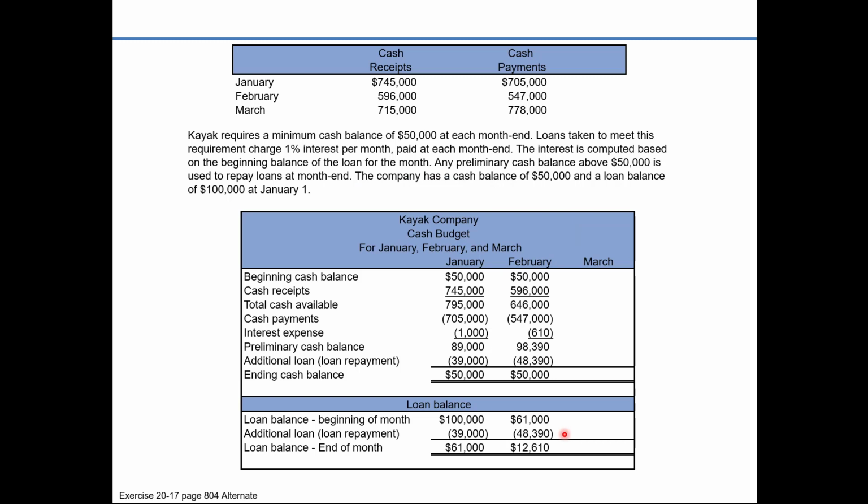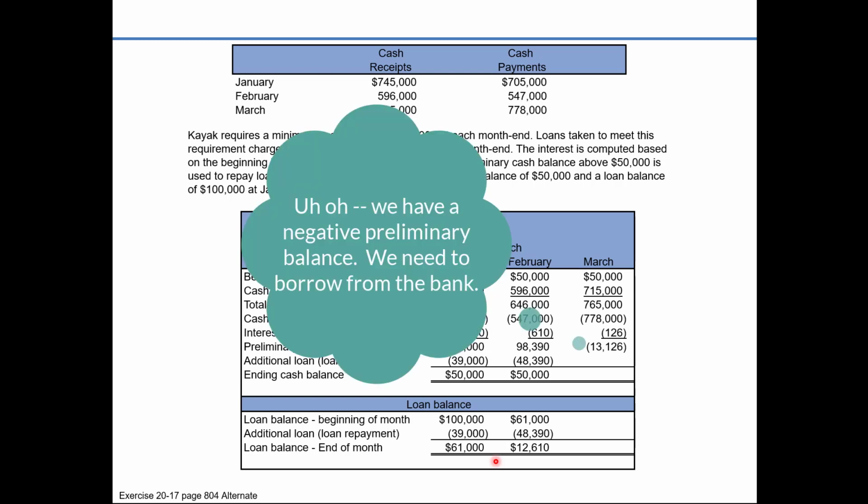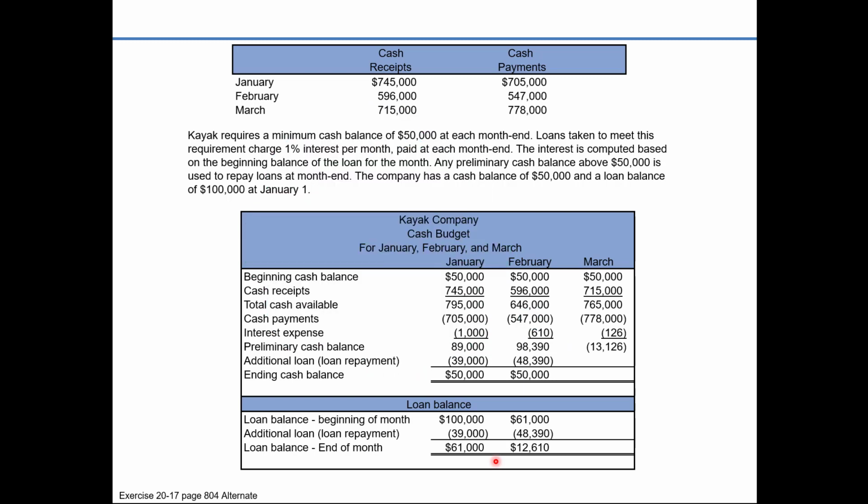March starts off with our beginning balance of 50,000 from our previous month's ending balance. Add cash receipts, subtract cash payments, loan interest 12,610 times 1%. Preliminary balance, we've got a minus here. That means we need to borrow some more money because we have to have 50,000 as our ending cash balance.